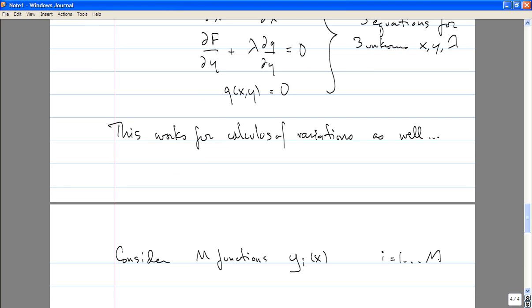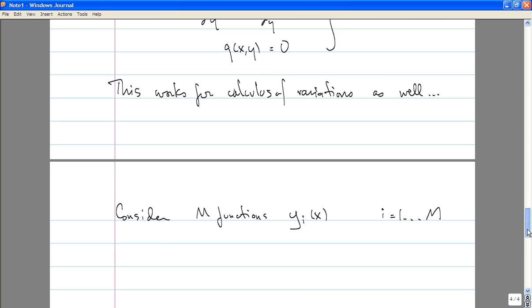And I have a functional I, which depends on the yi's, which, as before, will just be some integral of something that I could call f.